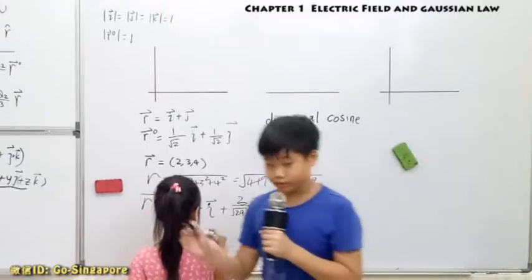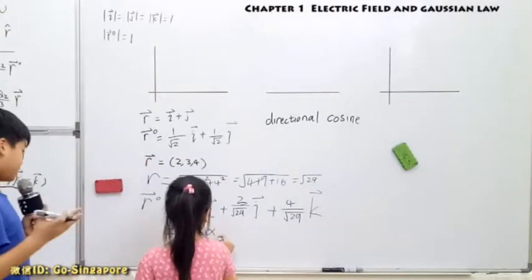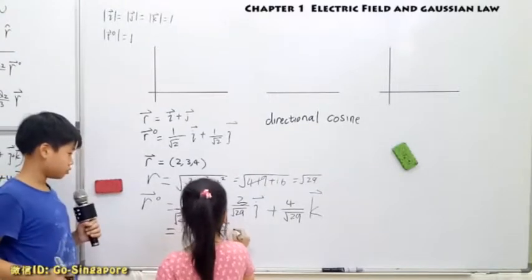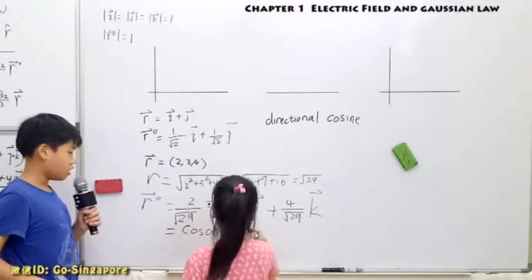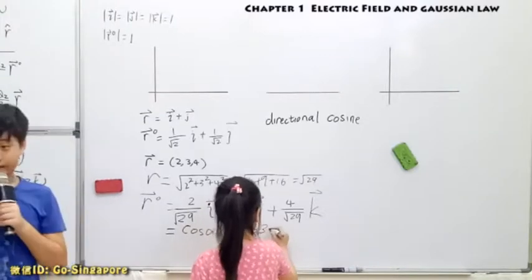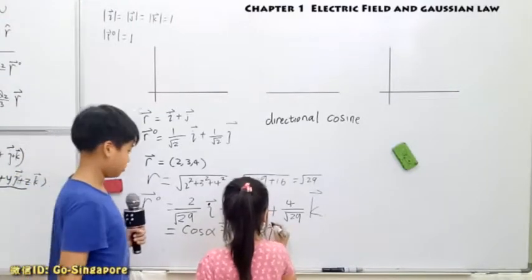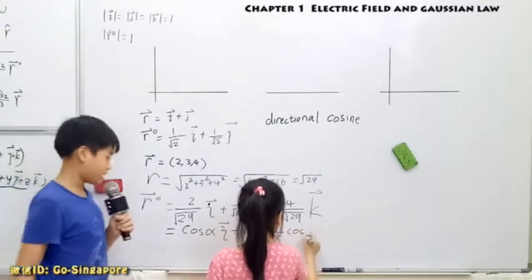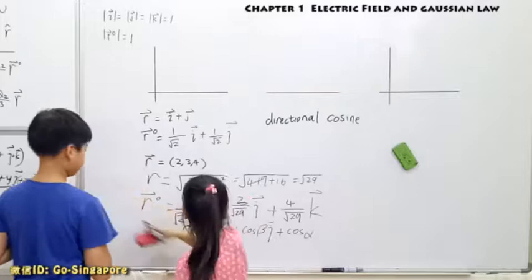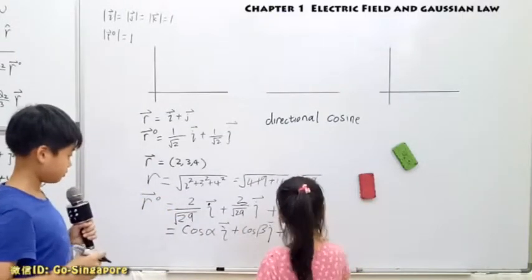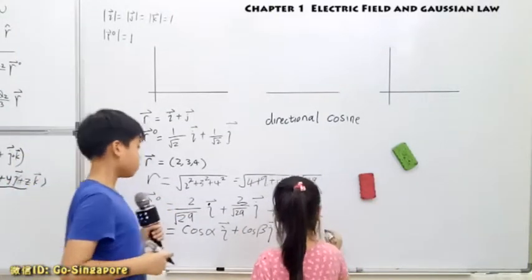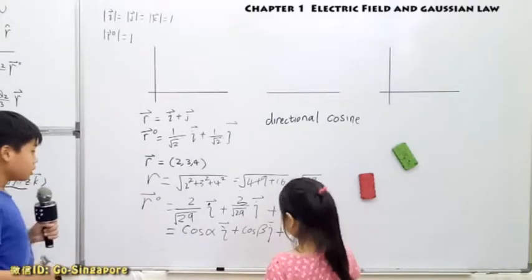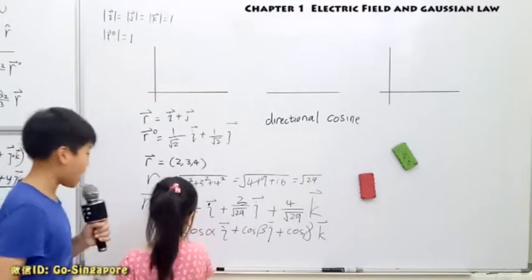Remember, for the one with the x, we'll just name it as alpha, the angle. Then the one with y, we'll call it beta. And the one with z, we'll call that gamma. And don't forget about that k. So actually, how can we write this as?